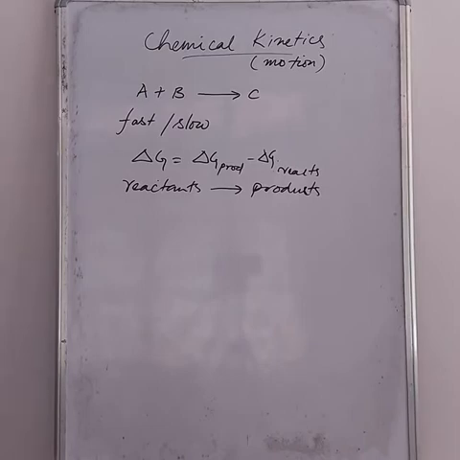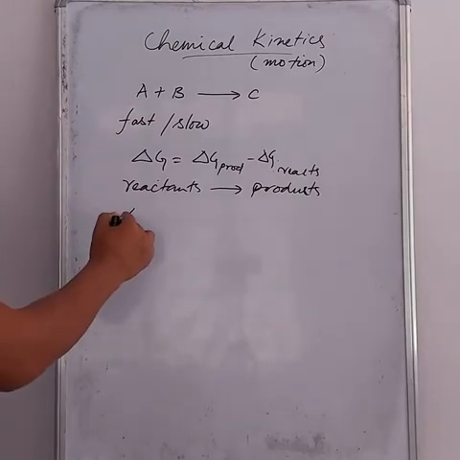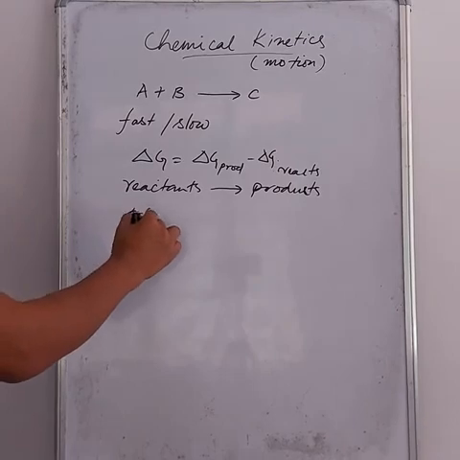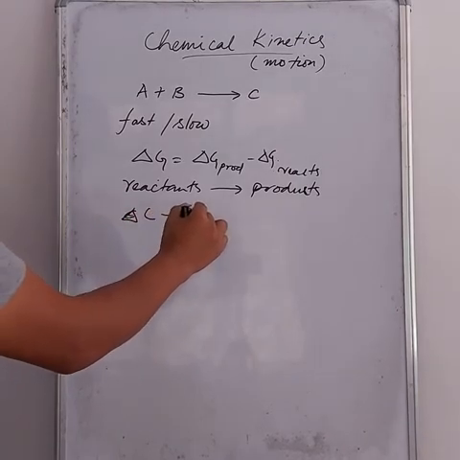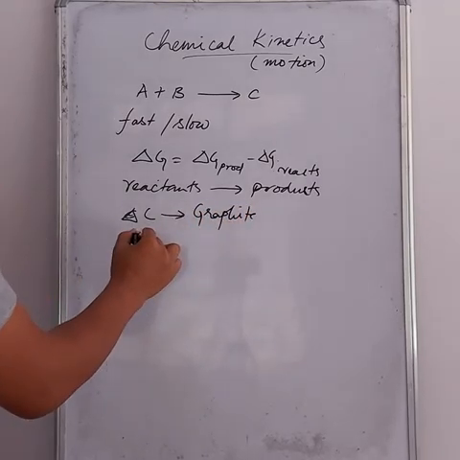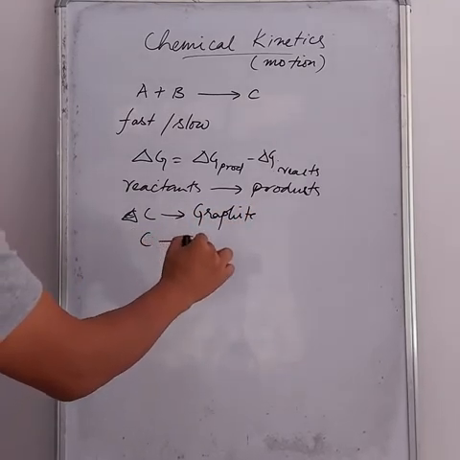But suppose, from a thermodynamics point of view, carbon can form graphite, and carbon can also form diamond.